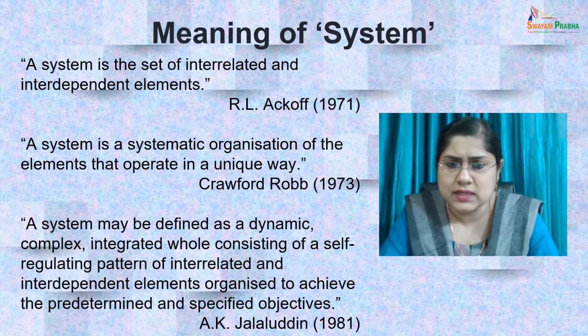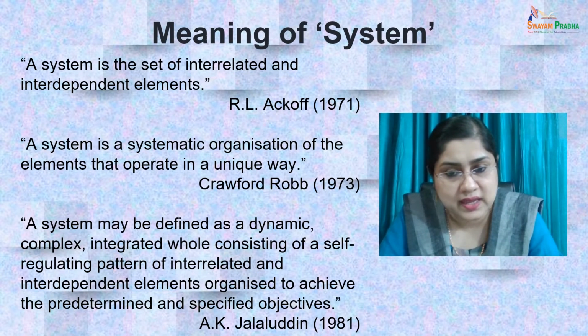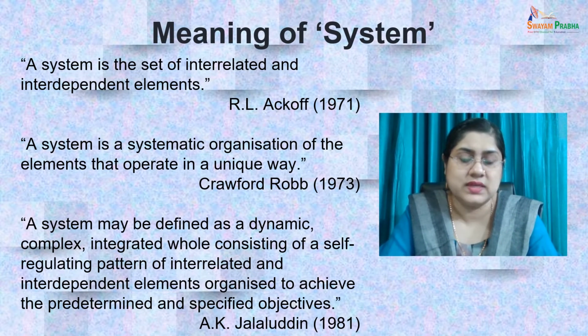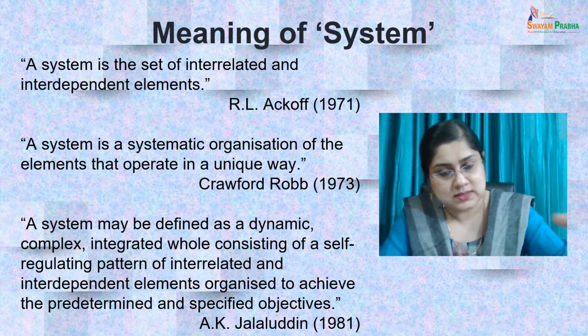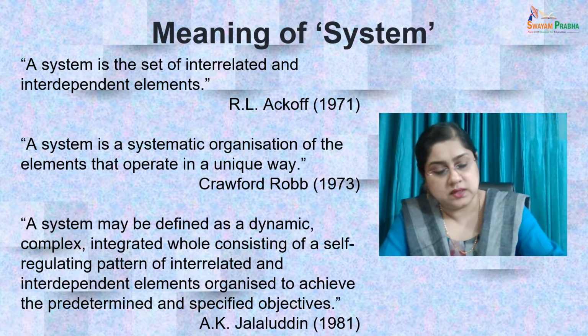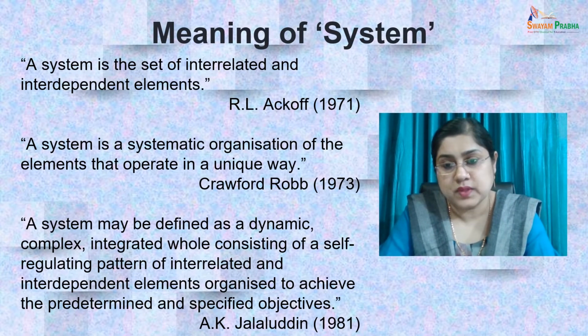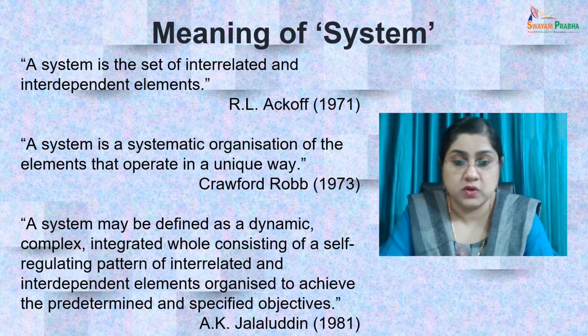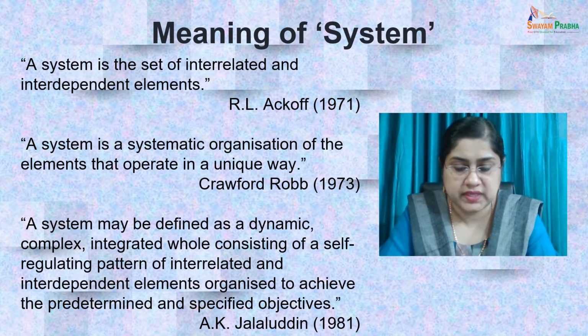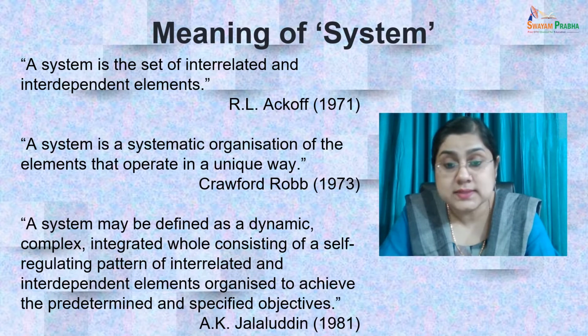So here it was a trivial example, but it can give you an idea of what exactly we mean by a system. So some sort of integrated mechanism which is interdependent and also has a predetermined set of objectives can be considered a system.